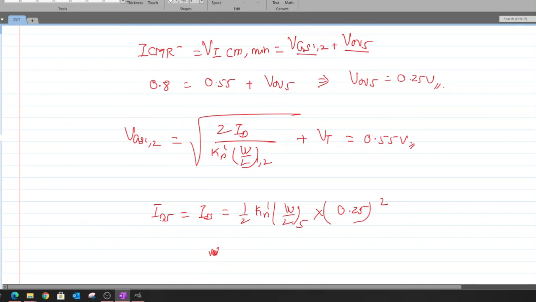When you manipulate this whole expression, you end up having a value that is closer to 5.5, and you can round it up to an integer value of 6.